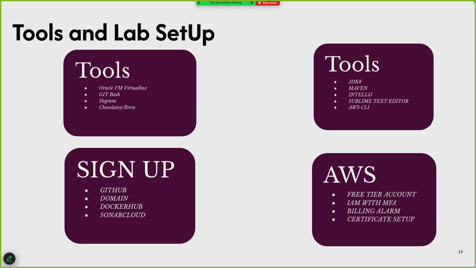We'll install a few labs today, and tomorrow also it may take some time for us to install. So: Oracle VM VirtualBox, Git, Vagrant, Chocolatey, or Brew. We are going to use your laptop as a server.